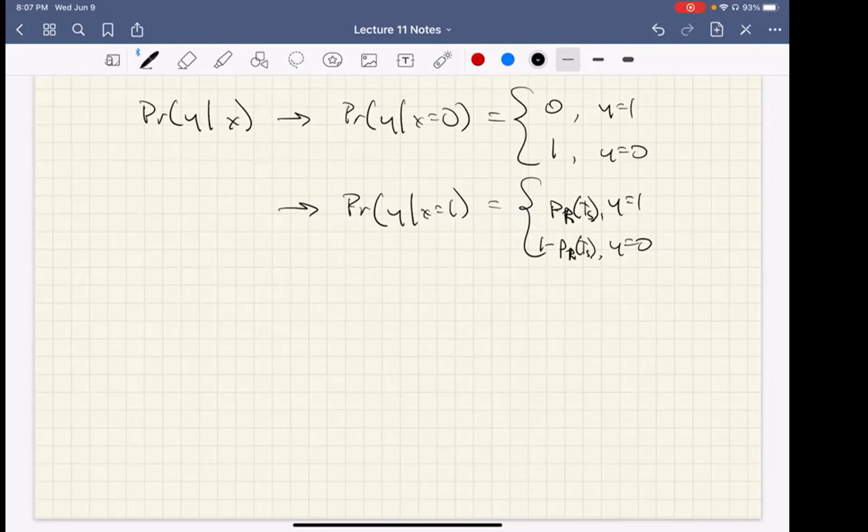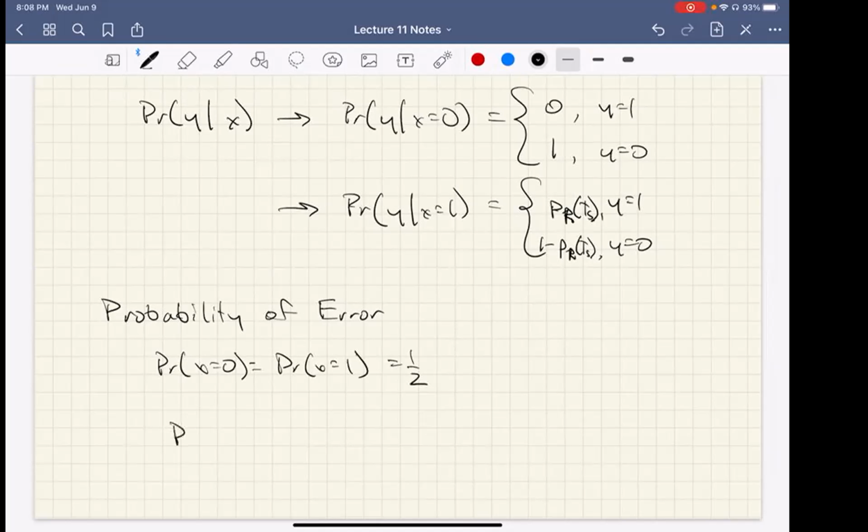We can go further and calculate the probability of error, which is very simple. Let's say the probability that X is 0 is equal to the probability that X is 1, which is 1/2. In that case, an error occurs if I decide a 0 when a 1 was sent and I decide a 1 when a 0 was sent.